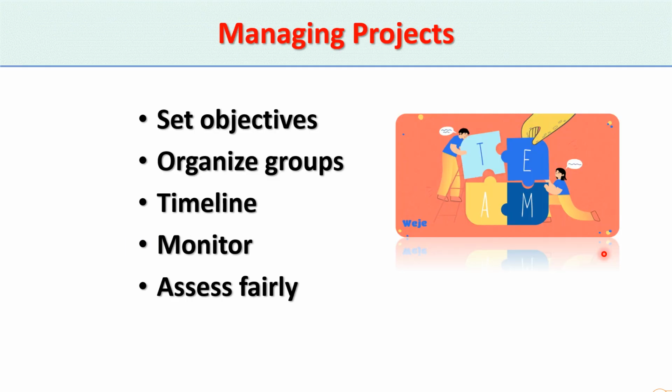Okay, this one is managing projects. In managing projects, the first one is to set objectives. When we set a clear objective, we can make students realize and practice their language, communicate, and do their project with each other.